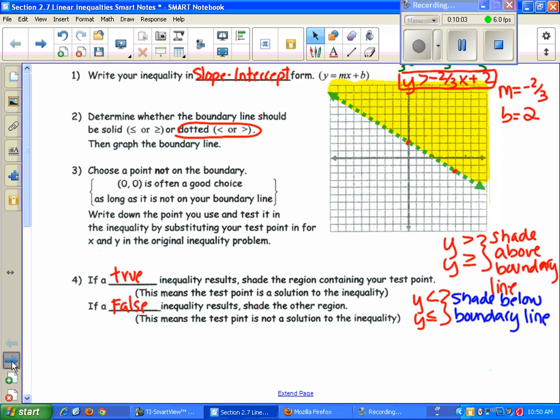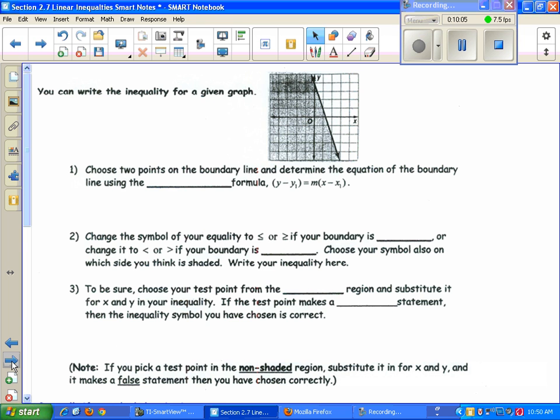So let's go ahead and practice coming up with the equation given a graph. So looking at this graph, if I want to come up with the equation for this, for number one, it says choose 2 points on the boundary line and determine the equation of the boundary line using, and of course, if we're choosing 2 points, we're going to use, if you look here, point slope form.